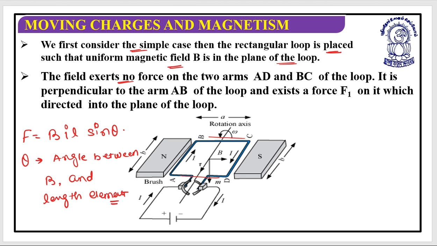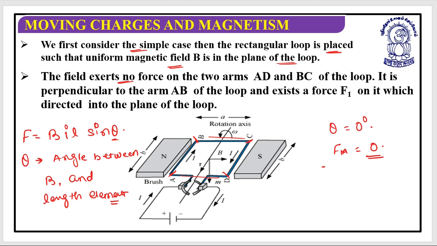When you talk about the branches AD and BC, in this case theta was 0 degrees, and as theta is 0, the magnetic force acting on them would be 0.